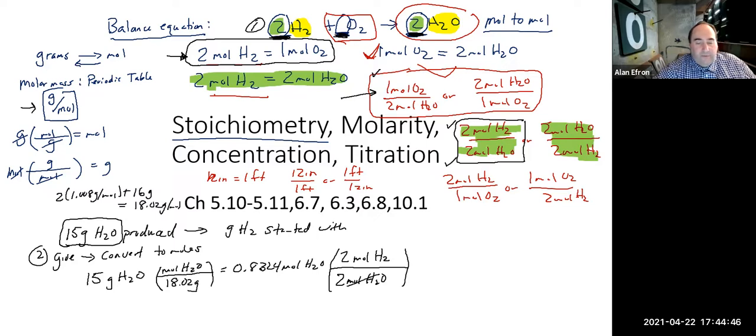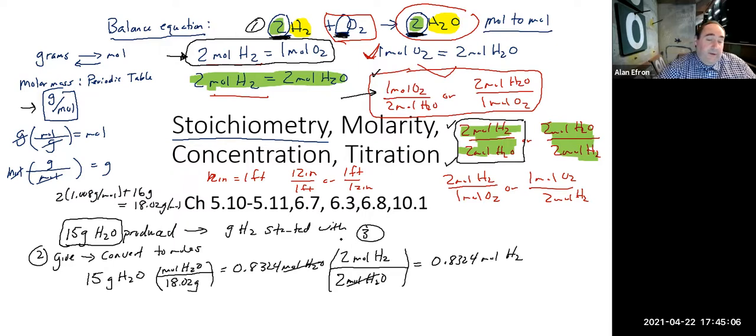Moles of water will cancel out, and it should still be 0.8324 moles of H2. That's the big stoichiometry step in a basic problem, that mole to mole relationship that comes from the equation.